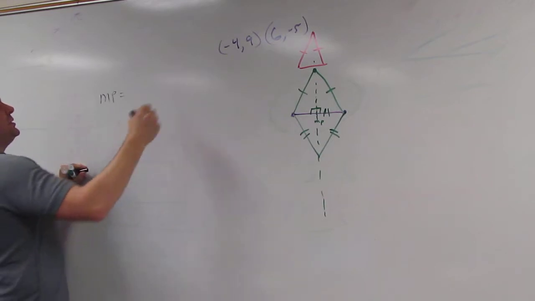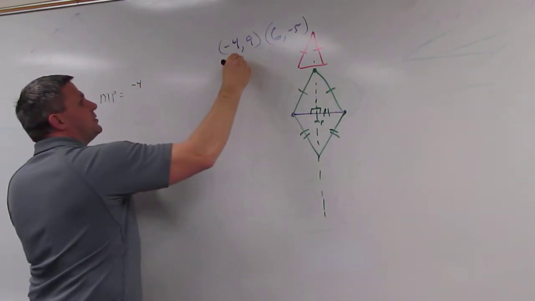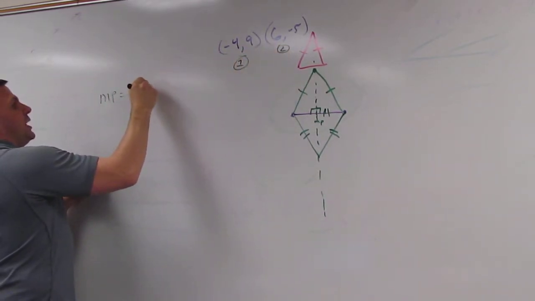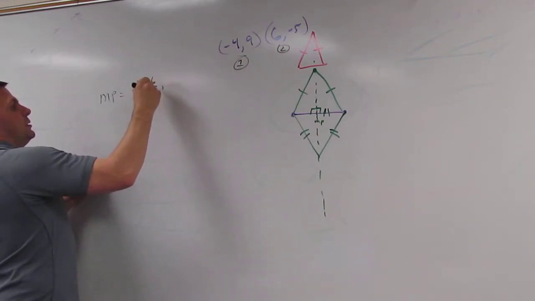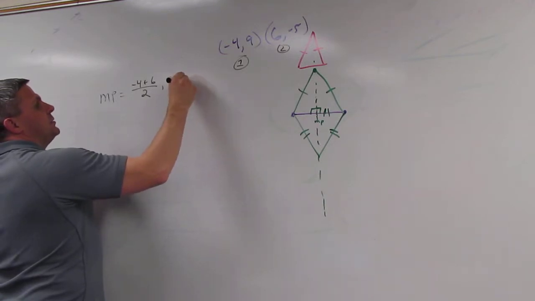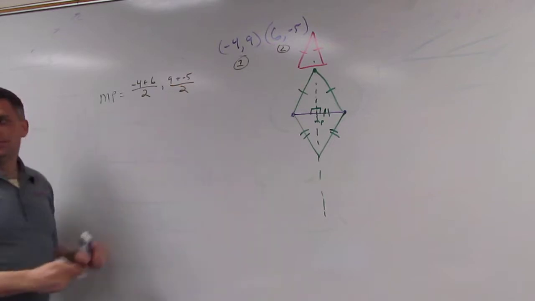Okay? So the midpoint to this, MP, would be equal to the x's, so let's call this 1 and 2. So 1 plus 2 all over 2, and 1 plus 2 all over 2.